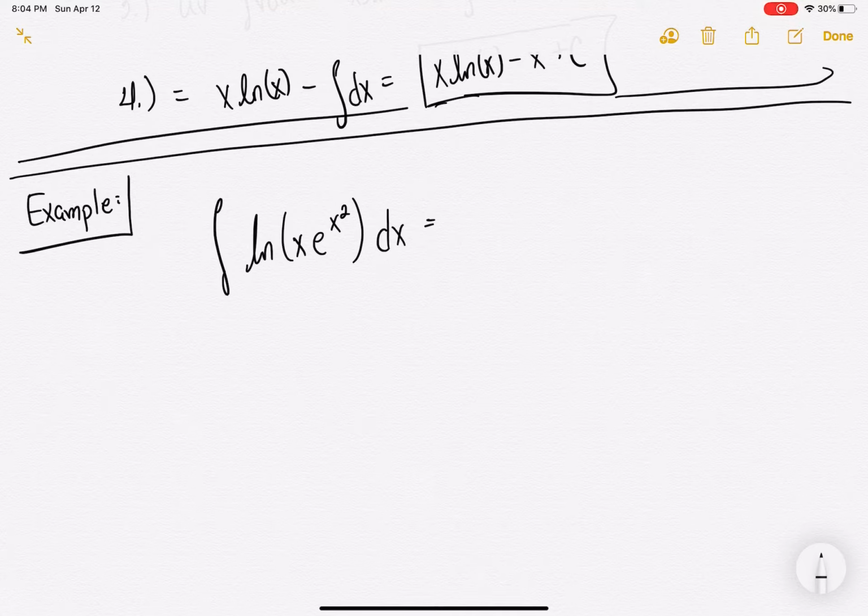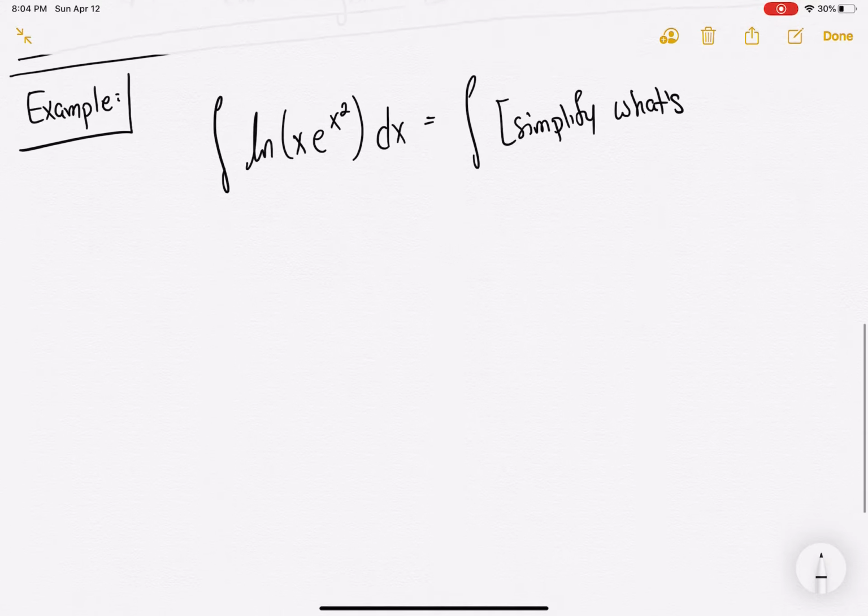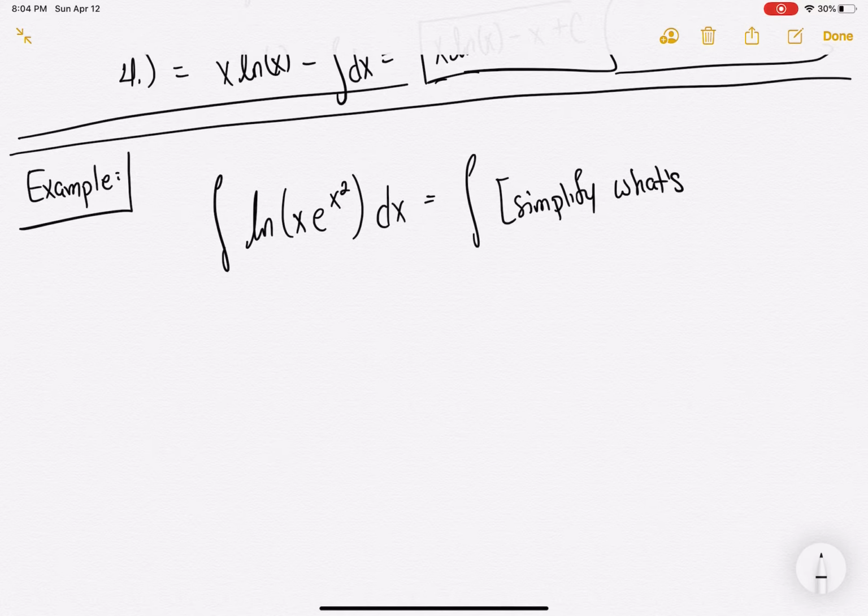And hopefully by now you're catching on that I'm screaming at the screen, simplify what's inside. A lot of people write integrals that need to be simplified. And they look simplified. They are simplified to a certain extent, but they're not in the form that we want to see them in.